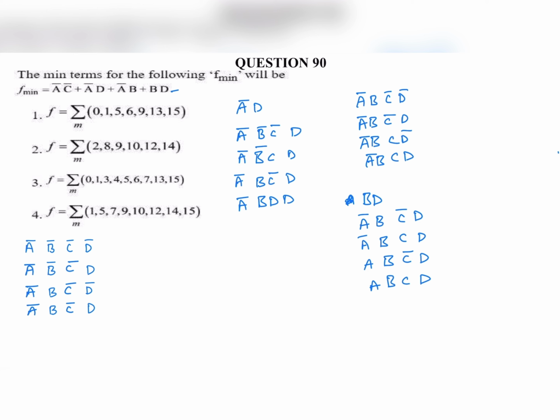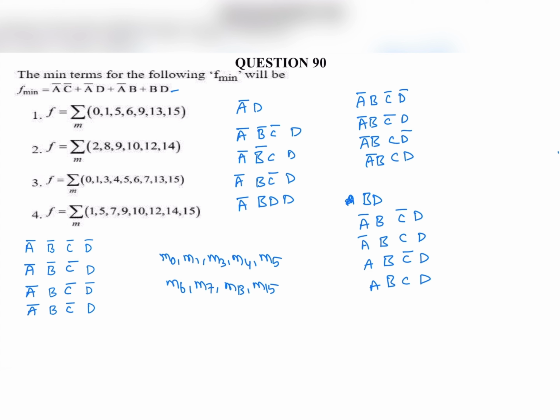From this, remove all the common terms. Now we get the expression as M0, M1, M3, M4, M5, M6, M7, M13 and M15.